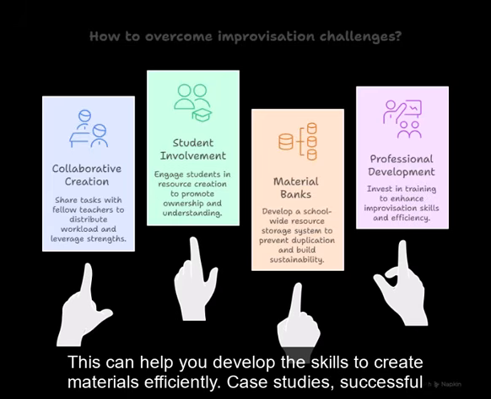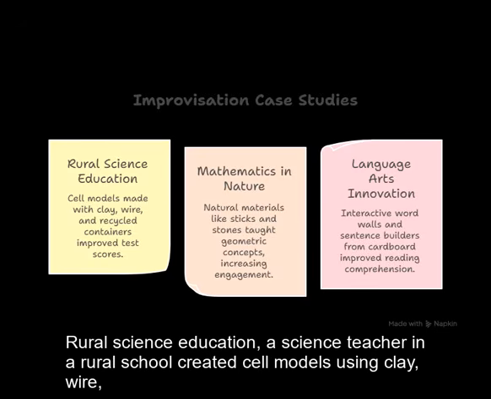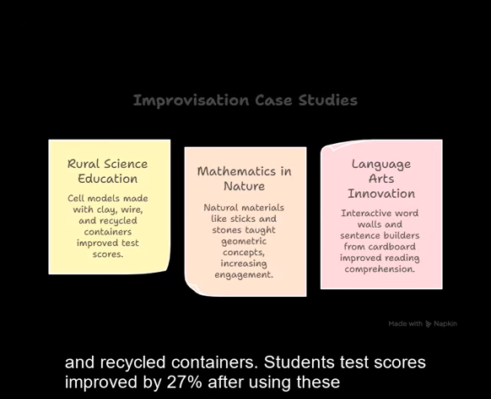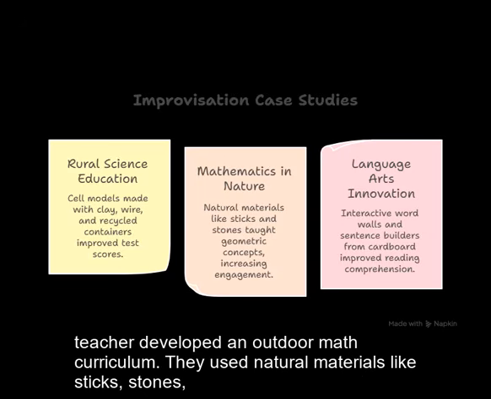Case studies. Successful improvisation. Let me share some inspiring examples to show you what's possible. Rural science education. A science teacher in a rural school created cell models using clay, wire, and recycled containers. Students' test scores improved by 27% after using these tactile models compared to just textbooks. Mathematics in nature. An elementary teacher developed an outdoor math curriculum.